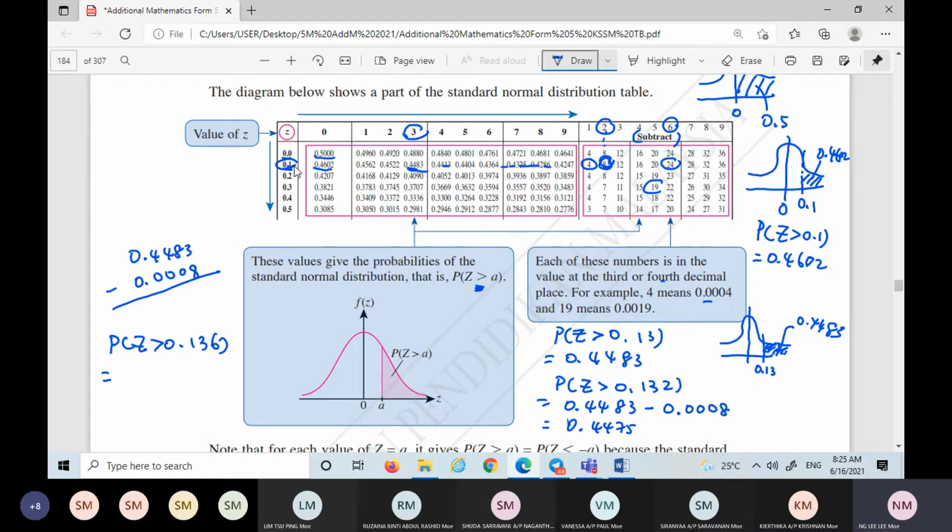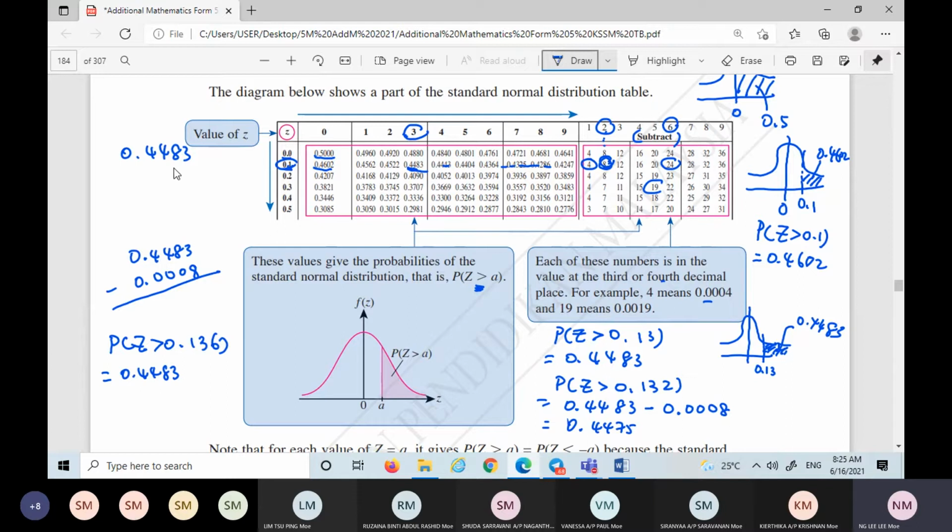So first we read 0.13, which is 0.4483. Then for 0.136, subtract 24.